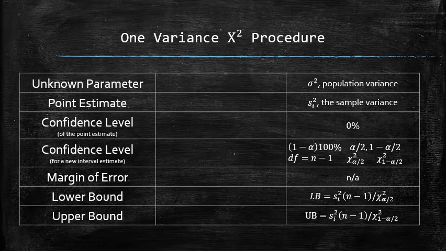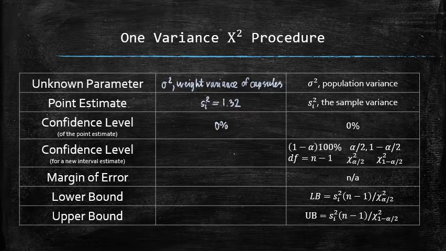In this problem, the unknown parameter is sigma squared, the weight variance of capsules. The point estimate is the sample variance, which we found to be 1.32. How confident are we that the point estimate 1.32 is equal to exactly the population variance? We are 0% confident of that.